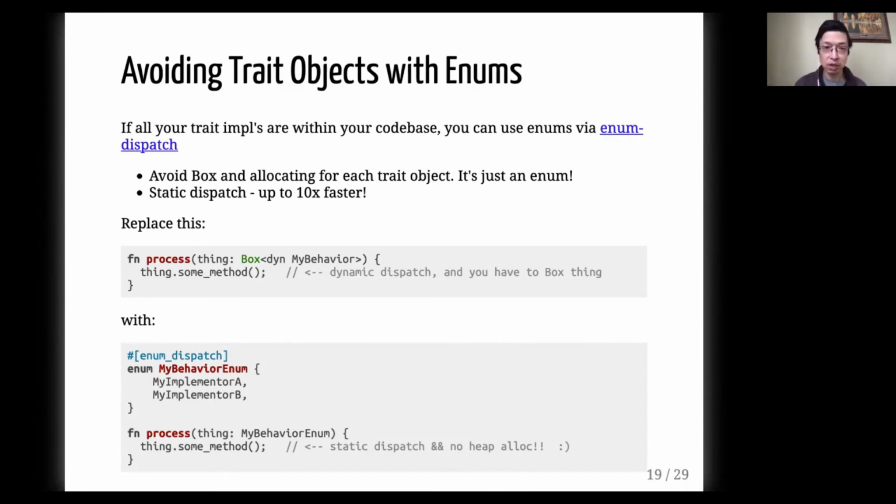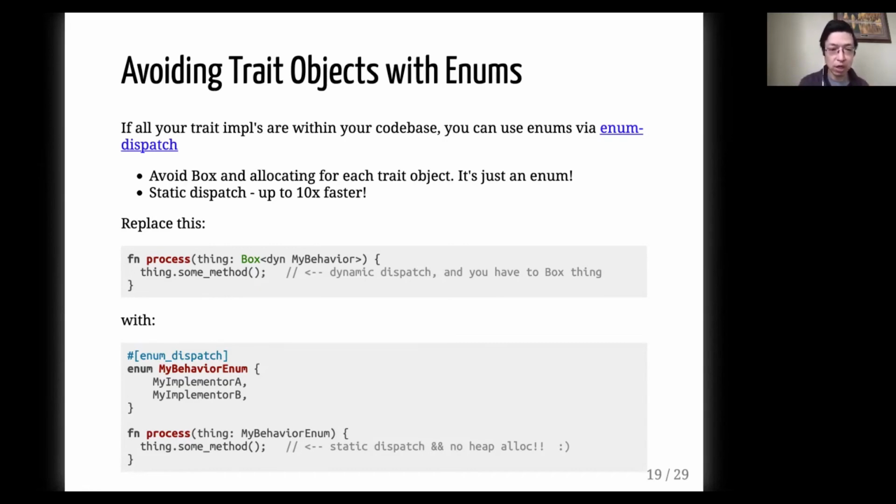One crate that you can use that helps a lot is called enum_dispatch, which is really great. What it does is, if all of your trait implementations are within your control, you can make it an enum. All of your implementations of MyBehavior in this case are in this MyBehavior enum. We annotate it with enum_dispatch, and enum_dispatch will tie in with the trait, and will actually make it so that your enum implements the trait methods if all of the variants of the enum also implement it.